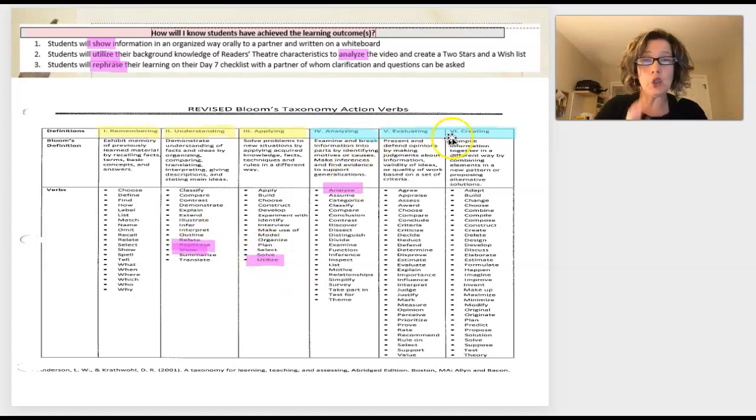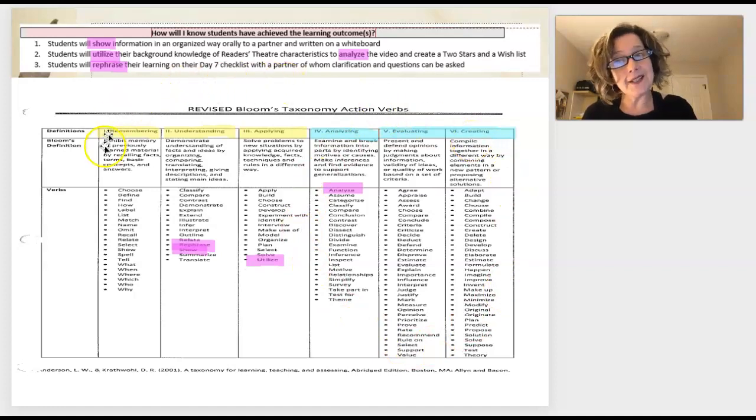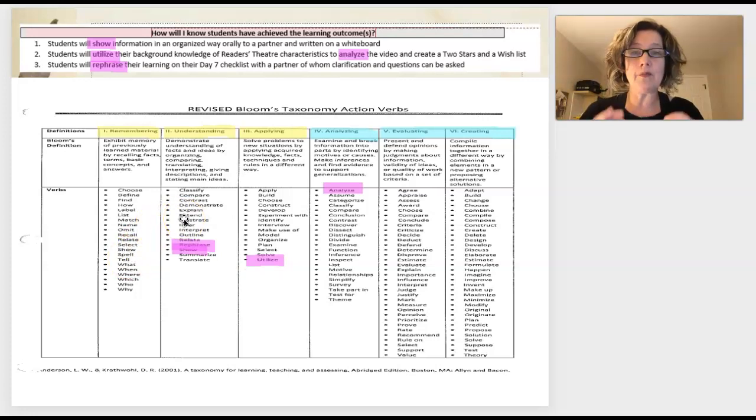Okay. The blue ones here, these are what we call higher level Bloom's verbs. And we want you to be using these as well as these. These ones, the yellow ones, are easier, right? Choose, find, spell, illustrate. Like those are lower level Bloom's thinking.